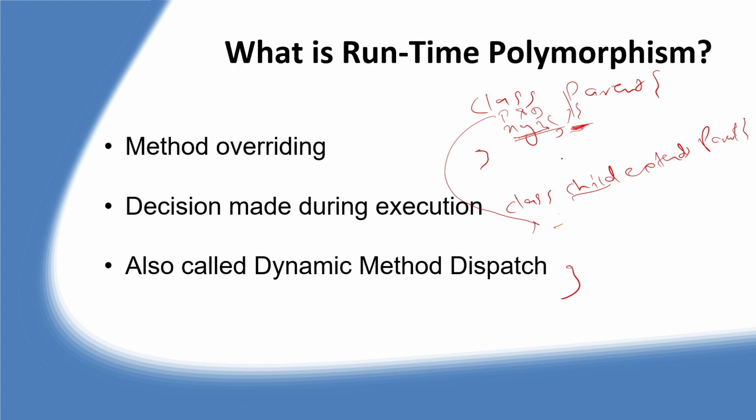Since the xyz method is inherited by the child class, if it executes, whatever definition it currently has will be executed. But the requirement is that the child class wants to update that definition. So the child class will override the xyz method, and it will provide its own implementation, its own definition. That is the process.